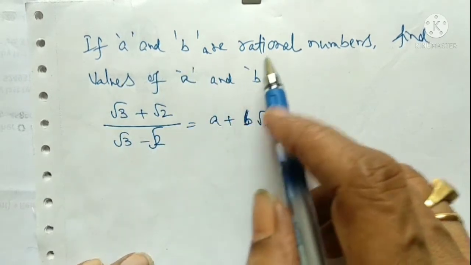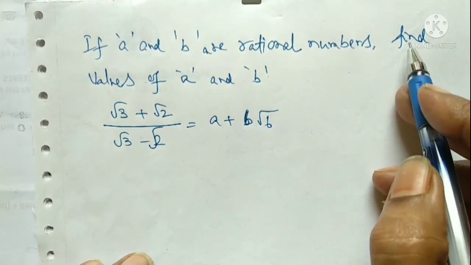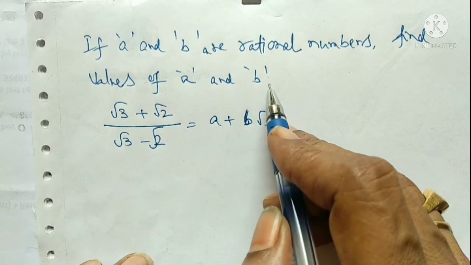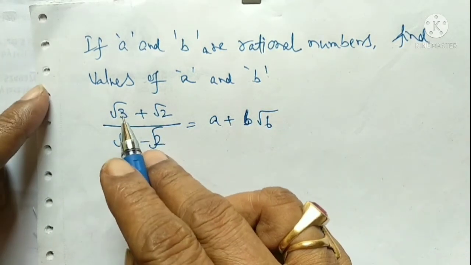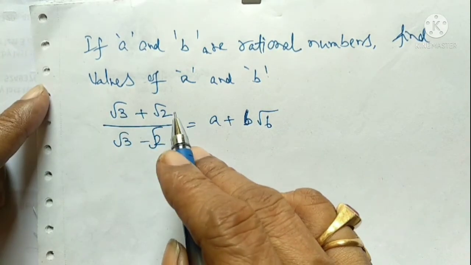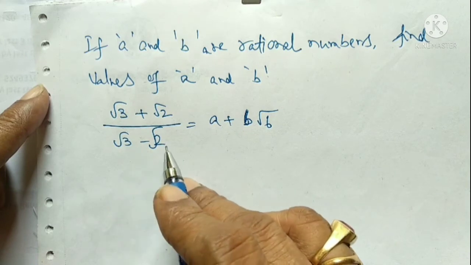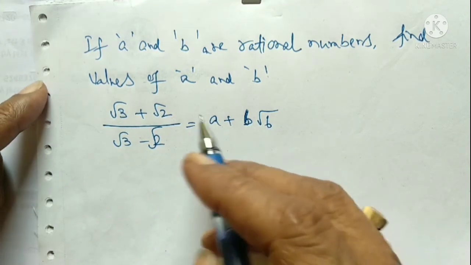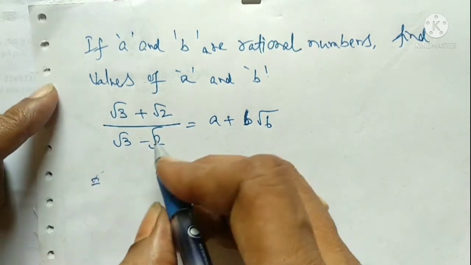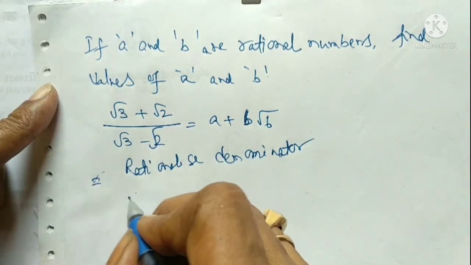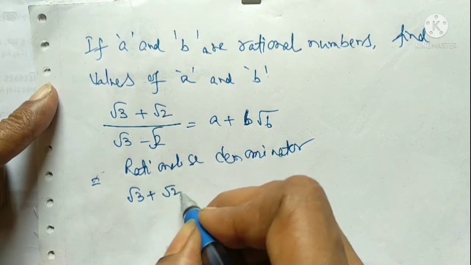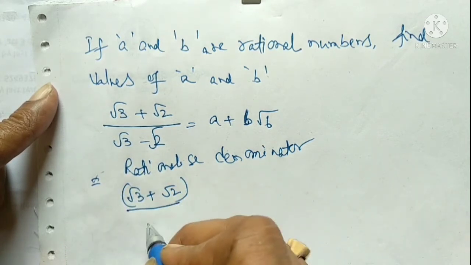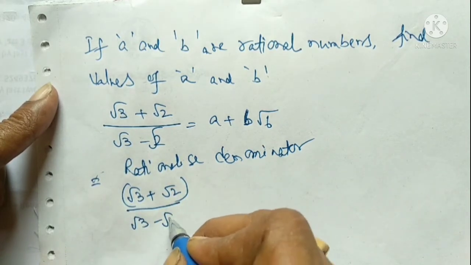If a and b are rational numbers, find the values of a and b. Here root 3 plus root 2 by root 3 minus root 2 is equal to a plus b root 6. Here we have to rationalize the denominator.